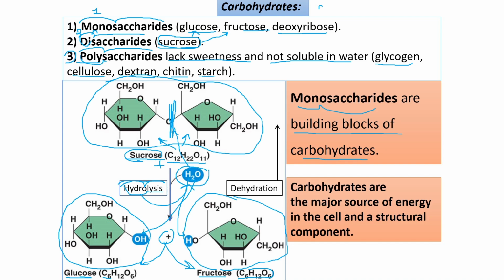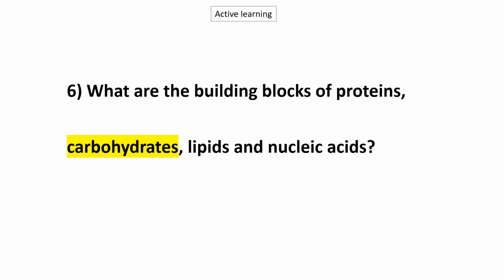Carbohydrates are the major source of energy in the cell, and they also contribute to the structural components of the cells. So cells could be made up of carbohydrates, but the most important function of carbohydrates in the cell is storage of energy.